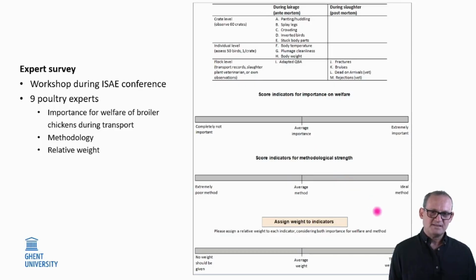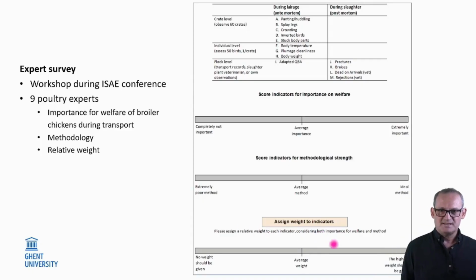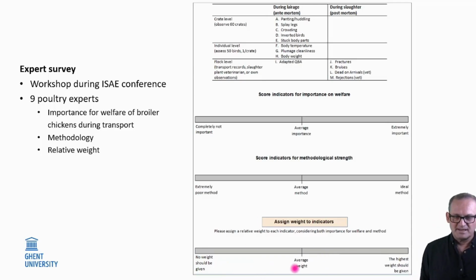And we wanted then the experts to assign a weight to each of these indicators, going from no weight should be given to that indicator, to an average weight, to the highest weight should be given to this indicator.